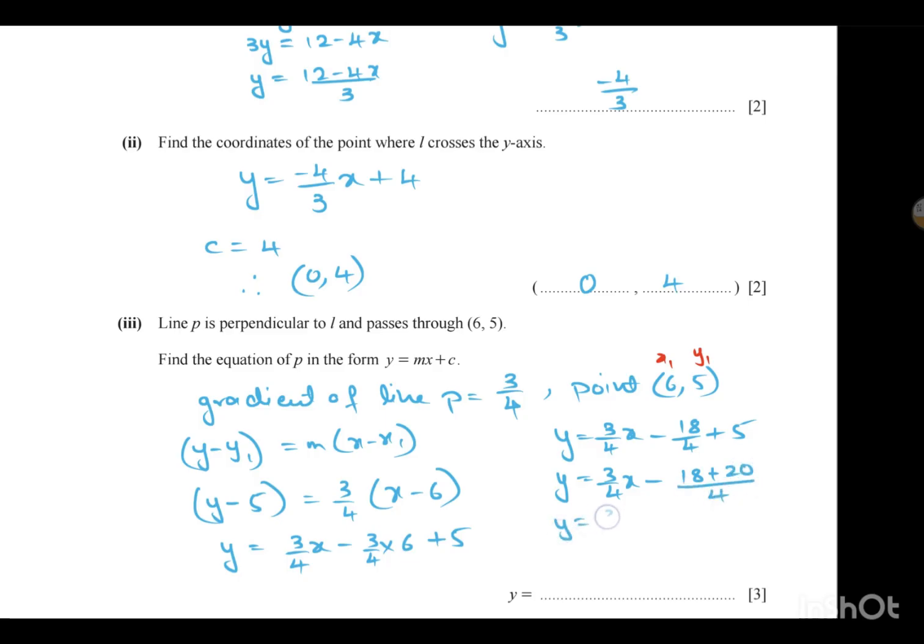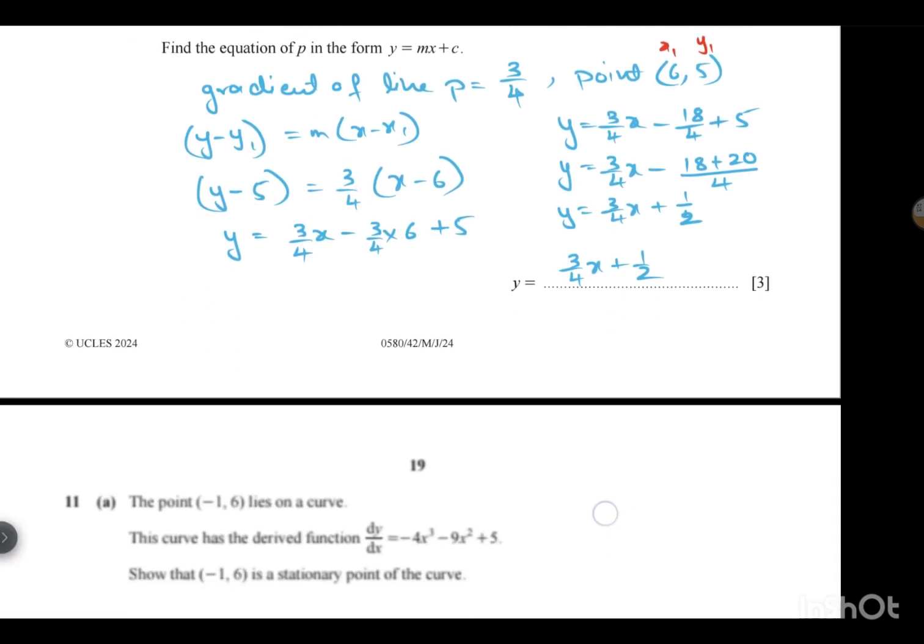Y is equal to 3 by 4 x plus 2 by 4, that is 1 by 2. So here the equation will be y equals 3 by 4 x plus 1 by 2. Question number 3 is done.